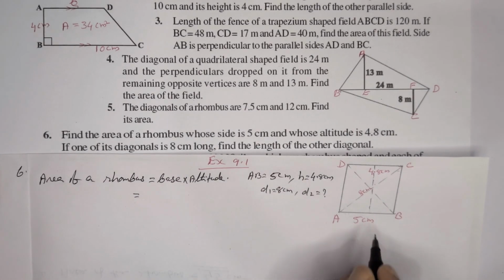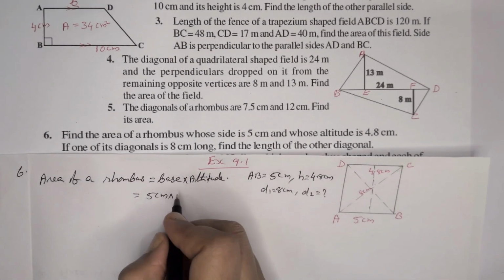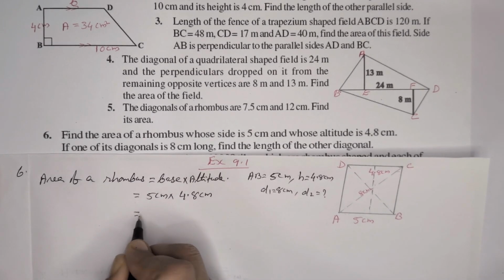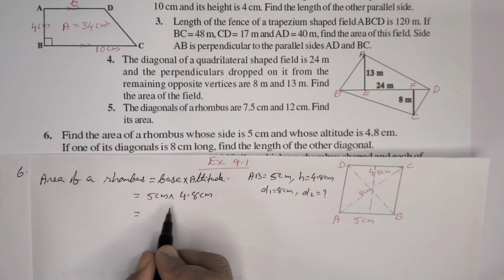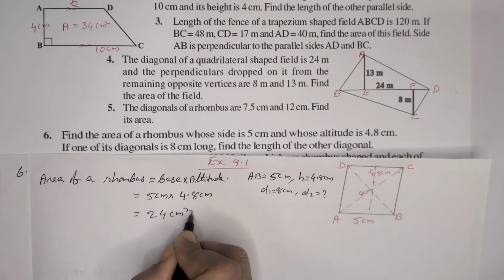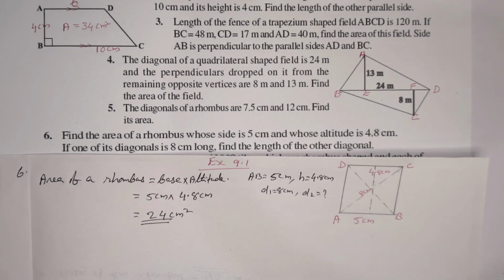So we can take here base as 5 centimeter, altitude as 4.8 centimeter. So here we are getting area is equal to 5 into 4.8, that means 24. 24 centimeter square is the area of this rhombus.